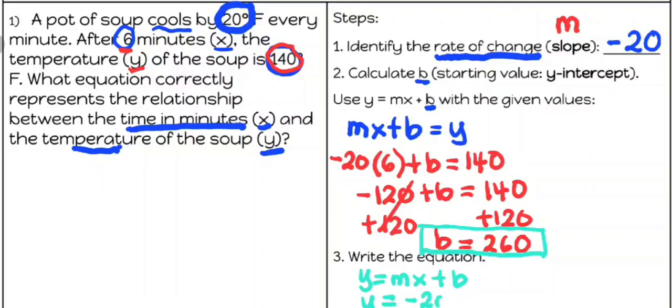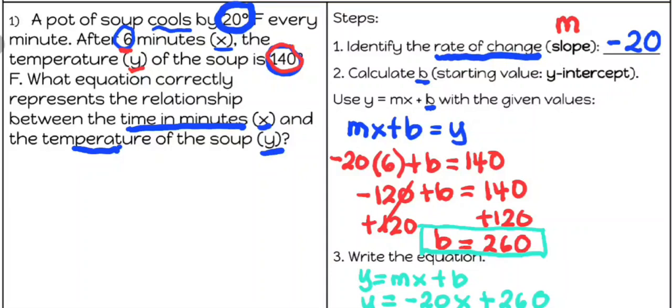Negative 20 x, and then our b is positive 260. Okay, so this is our equation. Y equals negative 20x plus 260.